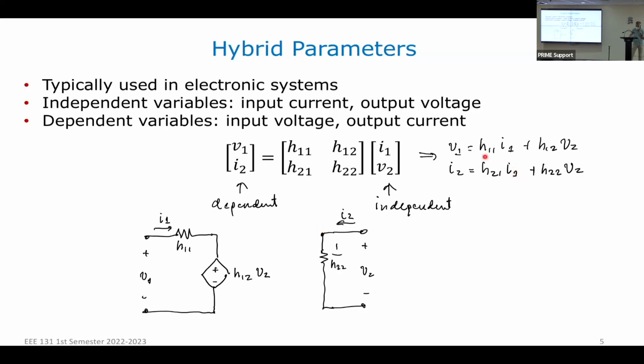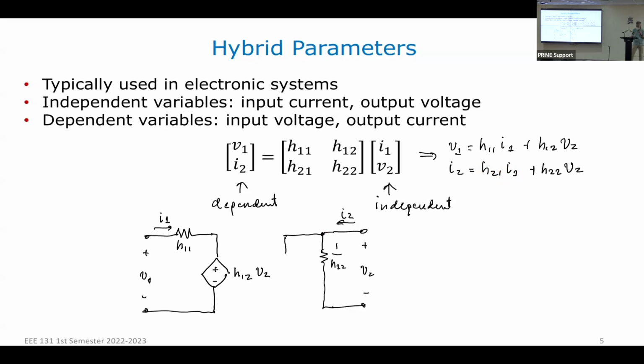This is H21I1. No, yung I1 wala dito sa node na to. It's external. So this must be a current controlled current source. Okay. Yung direction ng current, ito pababa dito, ito pababa din dito.